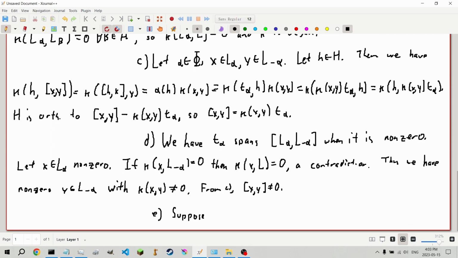Suppose that alpha of T alpha is 0, so that the bracket of T alpha and x is 0, which is going to be T alpha of y for all x in L alpha and y in L negative alpha.